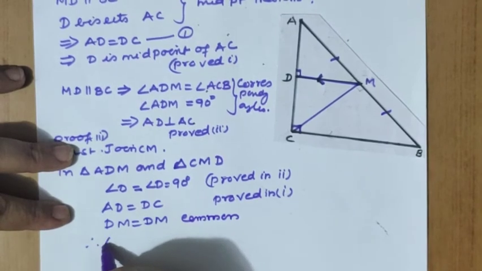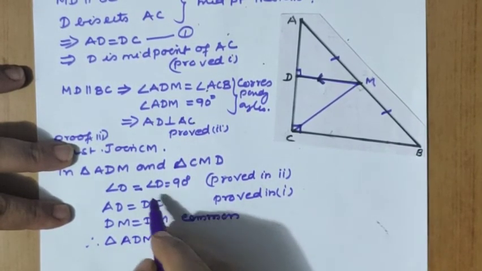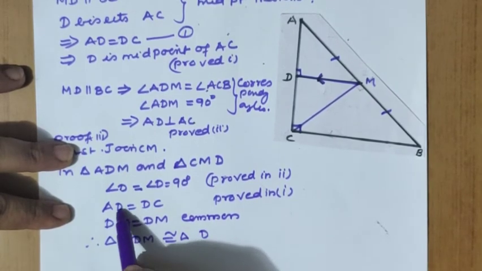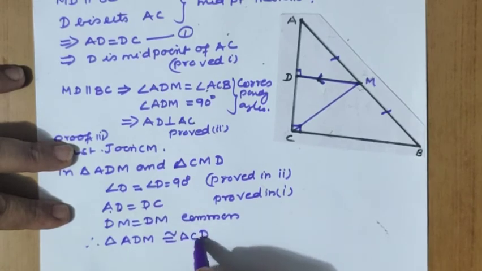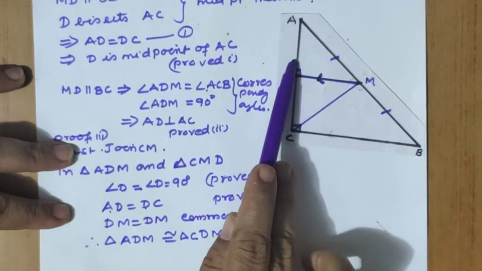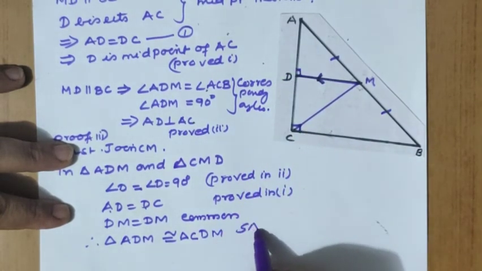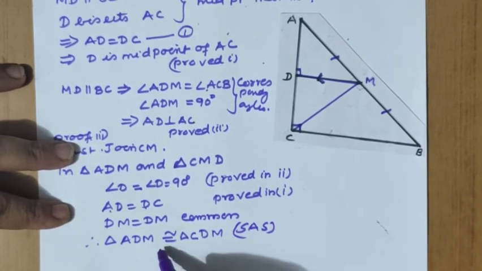So triangle ADM is congruent to, for D it is D only, the middle letter, right? For A what is the correspondence? C. So CDM. Now what is the criteria? The first side, angle and the second side. So SAS criteria. These two triangles are congruent.